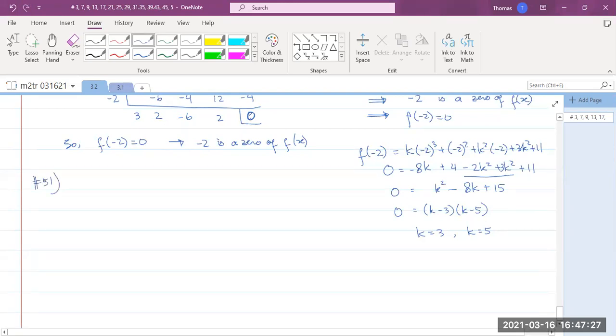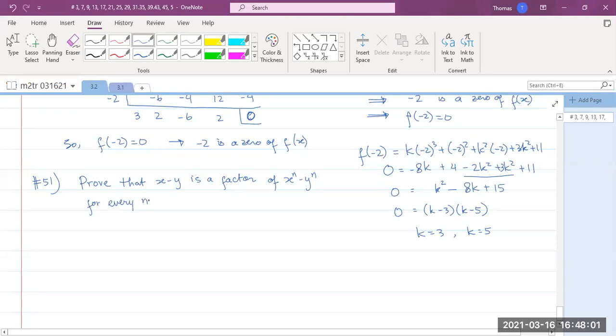Number 51, prove that x minus y is a factor of x to the n minus y to the n for every n.